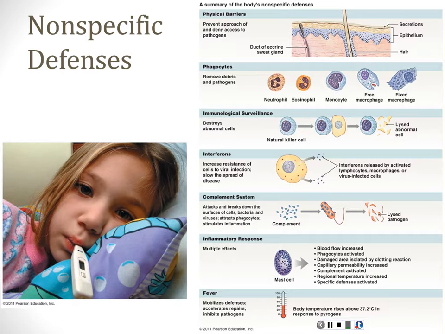Well, when you have a fever, number one, you knock the pathogen out of its ideal range. These bacteria in particular, as many of you will have learned in micro, have this very narrow temperature tolerance. If it's too hot, they don't grow very well. If it's too cold, they don't grow very well. Well, if we could somehow drop our body temperature, that would be even better of a defense than fever.